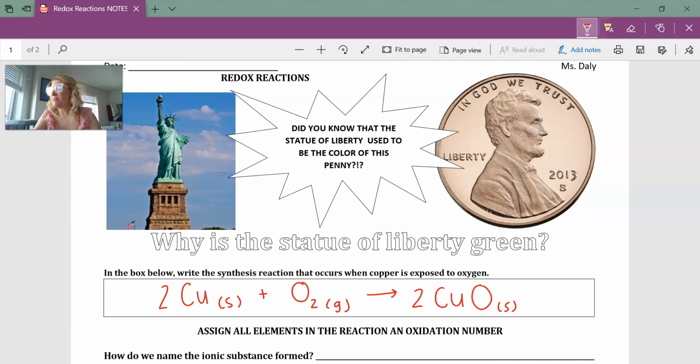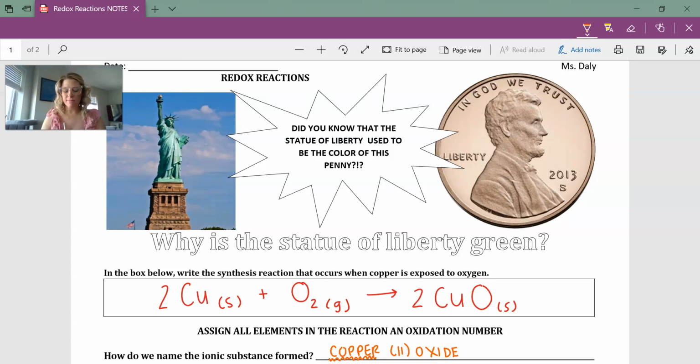So again, how do we name this compound here? Well, this is going to be copper(II) oxide. You'll notice that as we're getting closer to the end of the year, I like to throw in review where we can. Why is it named copper(II) oxide? Well, remember that copper is a transition metal.